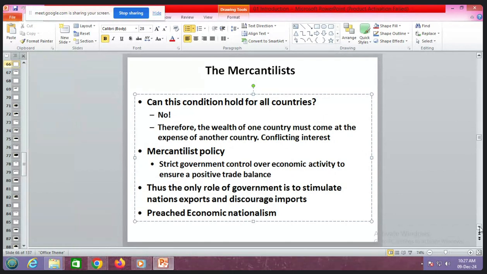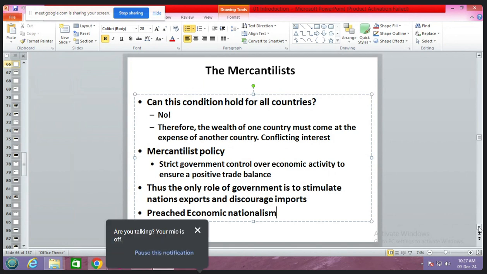In India, we can see it in the form of go local. We are seeing these posters everywhere. Go buy local. You have to buy local goods, promote production of goods which is made in India.